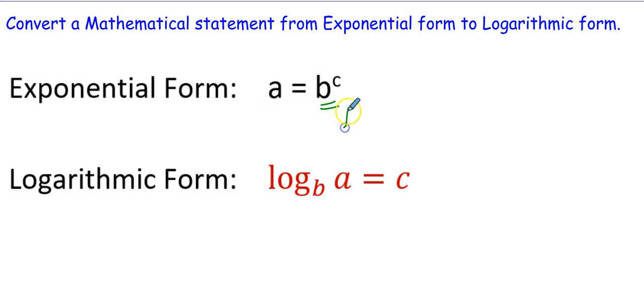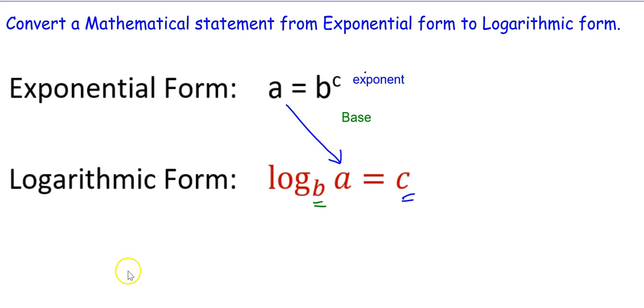That base b comes down here. When you change it to logarithmic form, it is log base b of that number a is equal to c, which is the exponent here. The exponent comes over there.